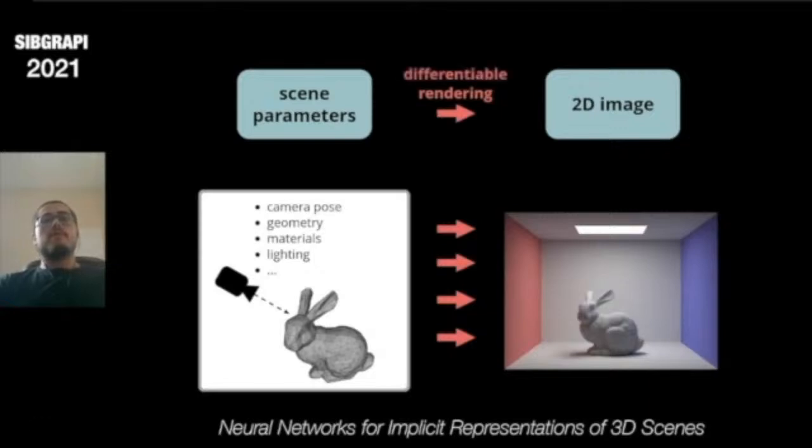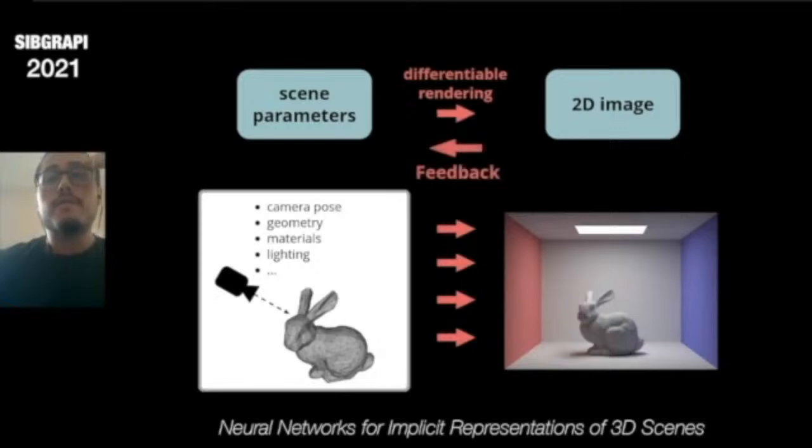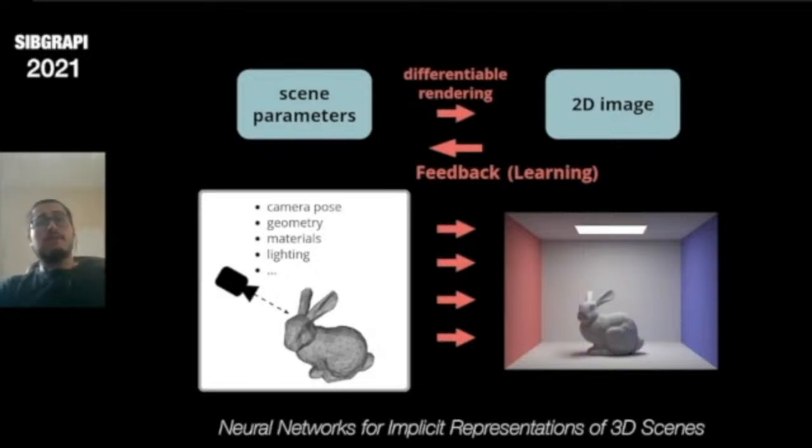And then in differentiable rendering, we are interested in having some feedback from this process, either from the actual resulting image or from the process. And that allows us to learn about the scene parameters and about the process itself. So this is very useful for many applications, inverse graphics, for example.